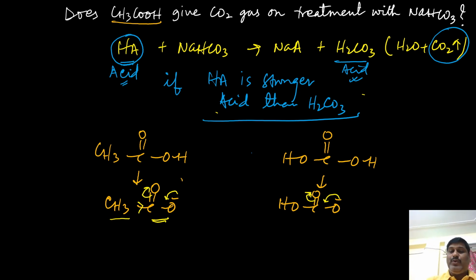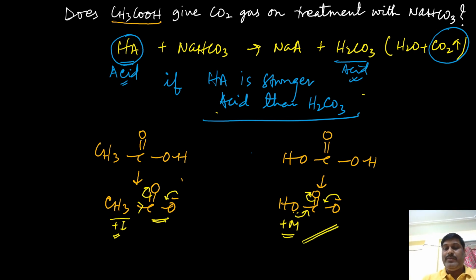But this OH group also has a plus M effect, which decreases its stability, and as this plus M effect is stronger than the plus I effect in its working, certainly this OH group will destabilize this more and make it less stable.